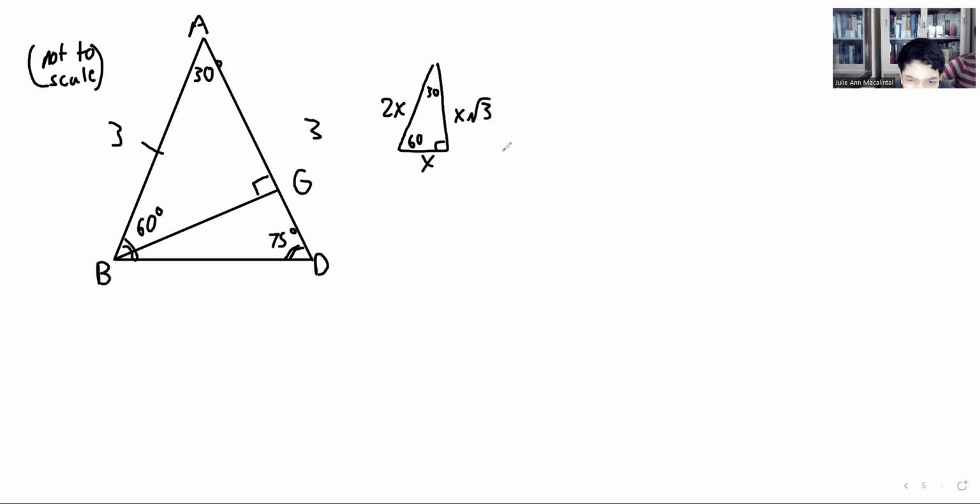So again, 3 is 2x, therefore x is 3/2. What is x? That's BG. And in fact, if you flip this around, you can see this can be the edge of the triangle, and this will be the base of the triangle, which is also 3.